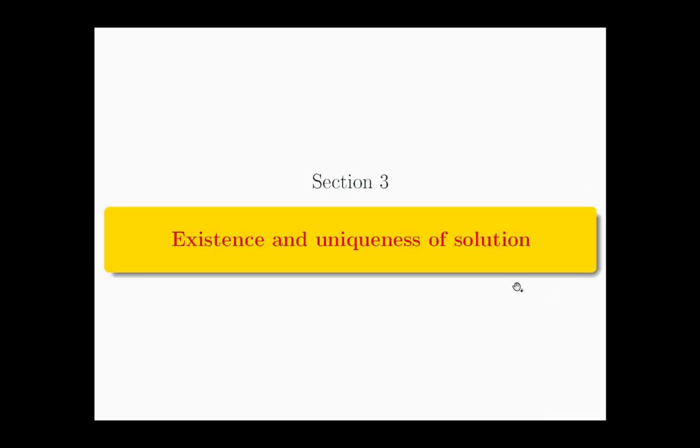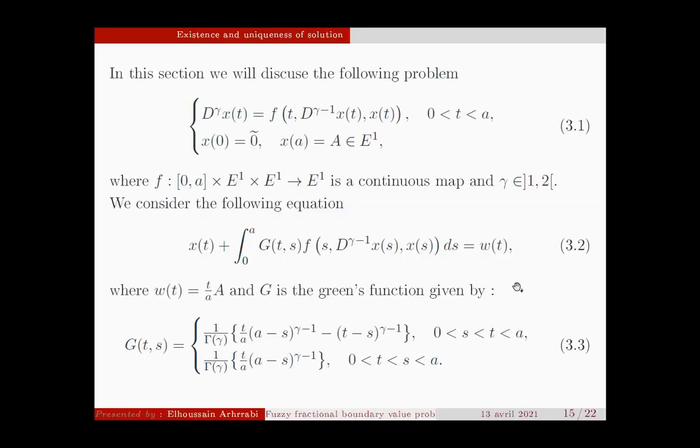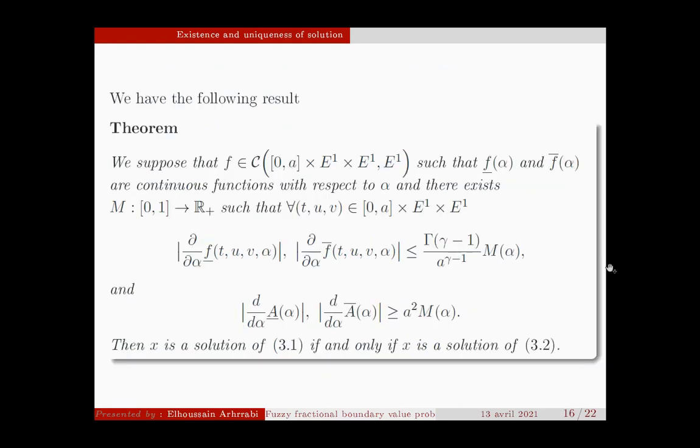Let's move to the last section in which we will discuss the problem given by 3.1, where f is a fuzzy continuous mapping and gamma in (1, 2). So we consider the following equation where g is the Green function given by formula 3.3. Then our result is given by this theorem.